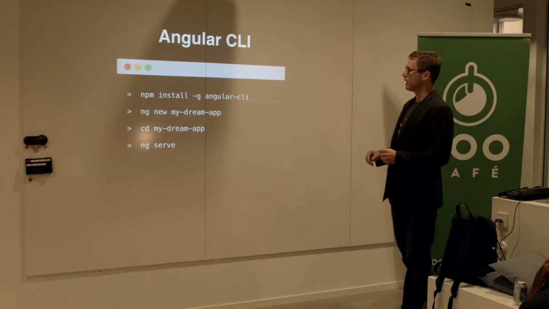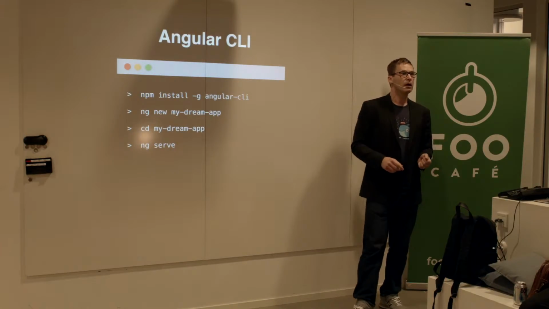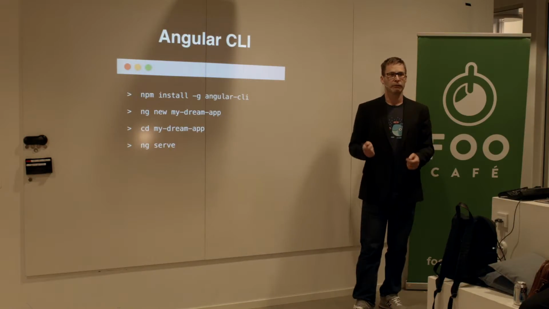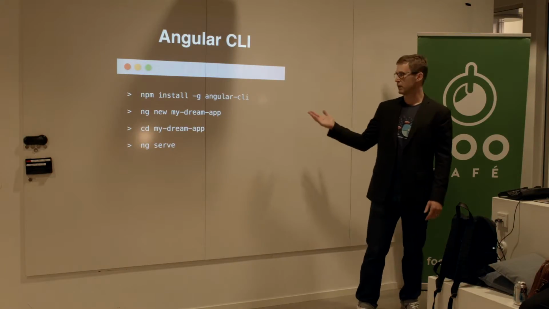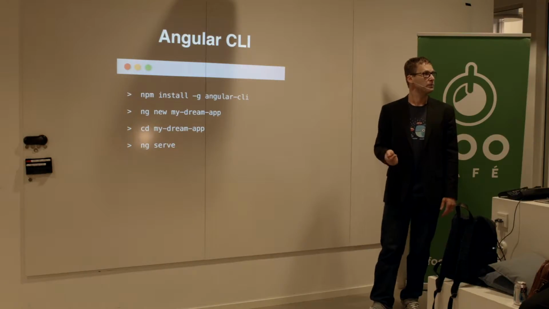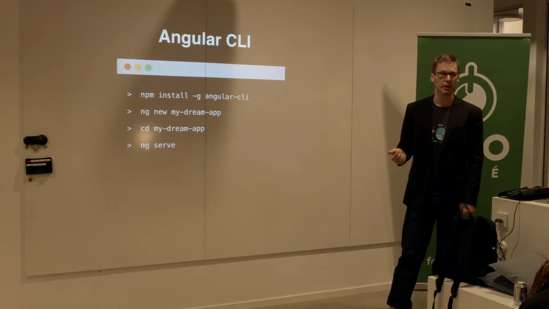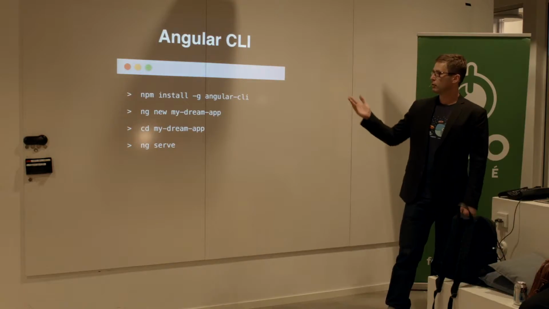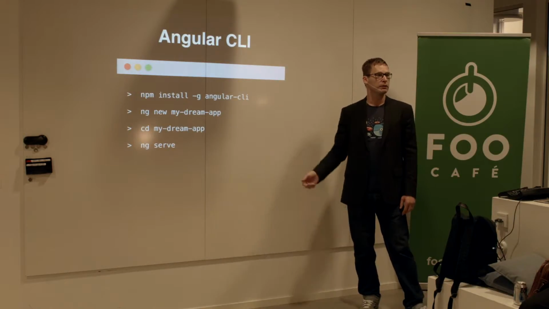To set up Angular CLI, you install it with npm install globally, or you fork it from GitHub and do npm link like I do, because Angular CLI is developed more or less daily, but the releases are not pushed out daily. So you can get the latest by getting the master from GitHub. To create a new project, ng new and the name of your project.